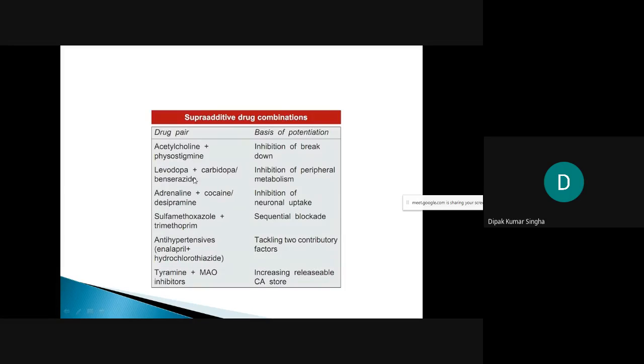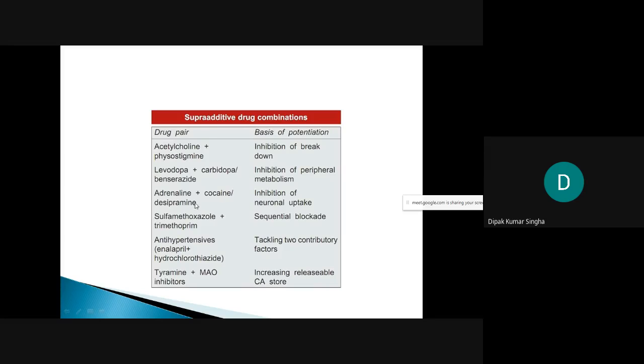So many questions come on why levodopa and carbidopa are used in Parkinsonism: to inhibit the peripheral metabolism. Adrenaline and cocaine, these are also topics. It is a very interesting topic. Many questions come from any examination. I think you should study or collect questions from the library. You can see that these are questions, all coming from different years.